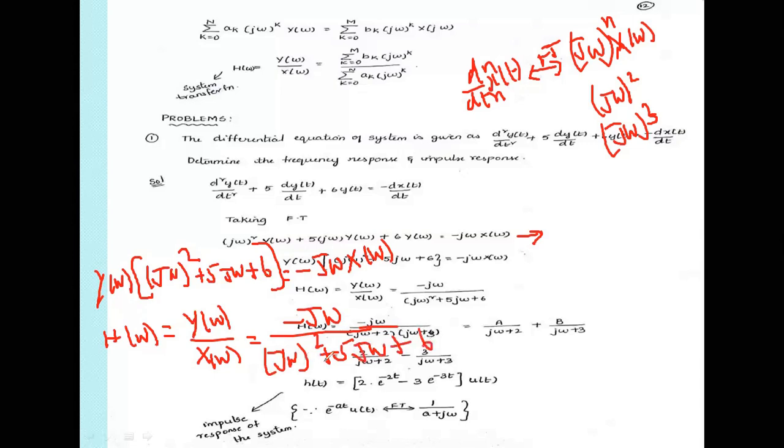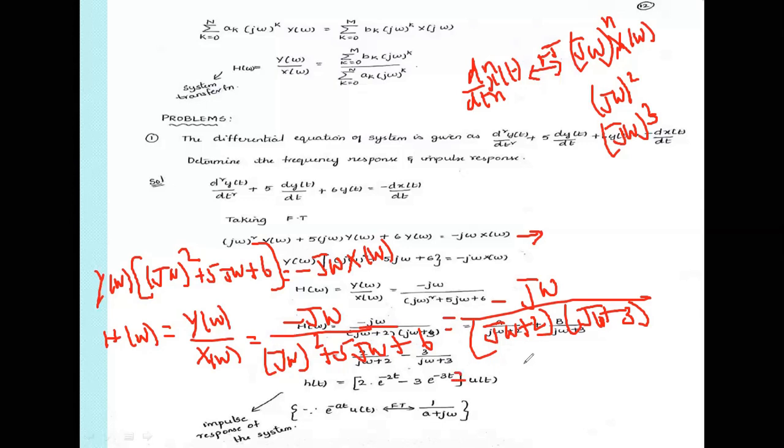So it is x squared plus 5x plus 6, which is (x plus 3) into (x plus 2). Write this function as minus j omega over the factors j omega plus 2 and j omega plus 3. See here, (j omega) squared, j omega times 2 plus j omega times 3 is 5j omega, and 2 into 3 is 6.